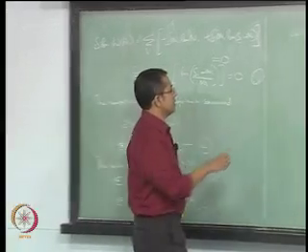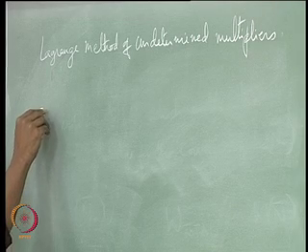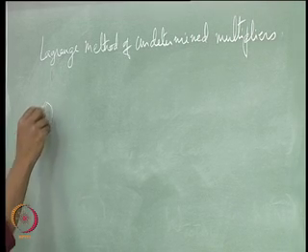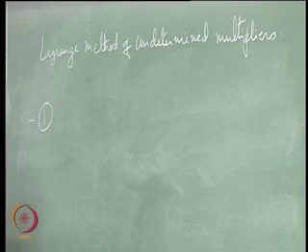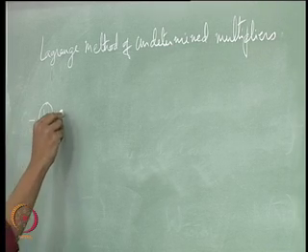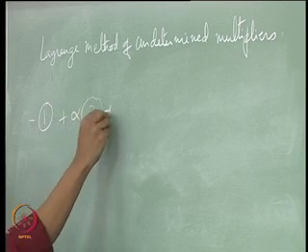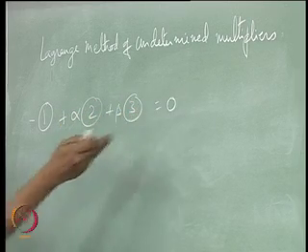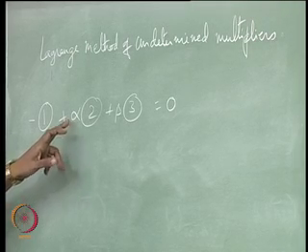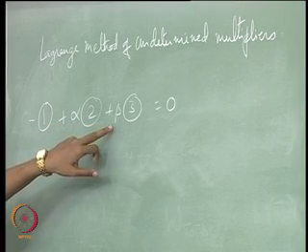So in other words, we are going to take equation 1, and just for convention's sake we are going to take the negative of that equation because it works out conveniently for calculations, plus alpha times equation 2 plus beta times equation 3, and equate to 0. Anyway they all equate to 0, so you can always do this, but we assume that there is an alpha and beta which enable us to separate the various del ni.